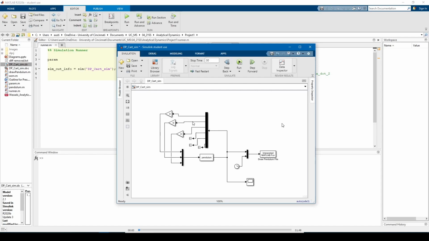So you can see we are set up to give feedback into the system, but all the gains are 0. And then over here we have the draw pendulum file, which actually animates the dynamics of the system. And then we'll talk through some of the simulation here.